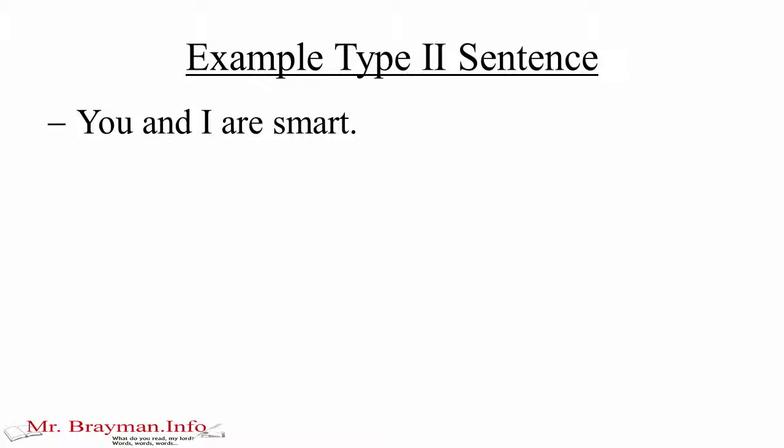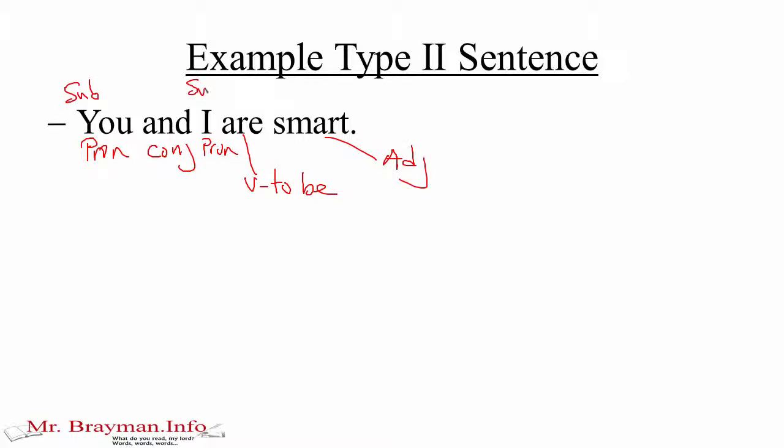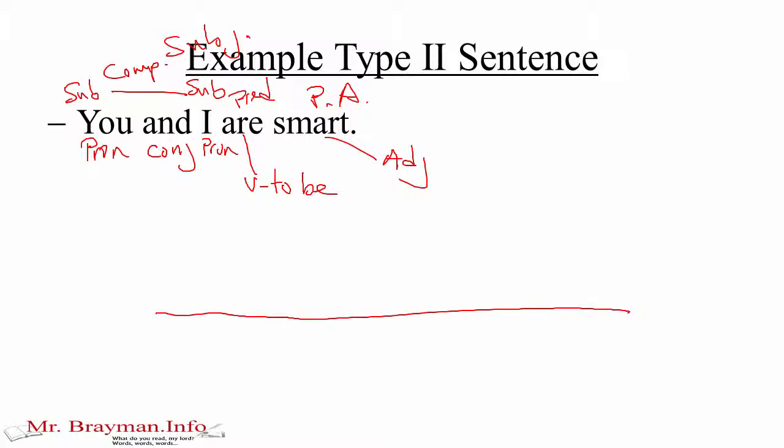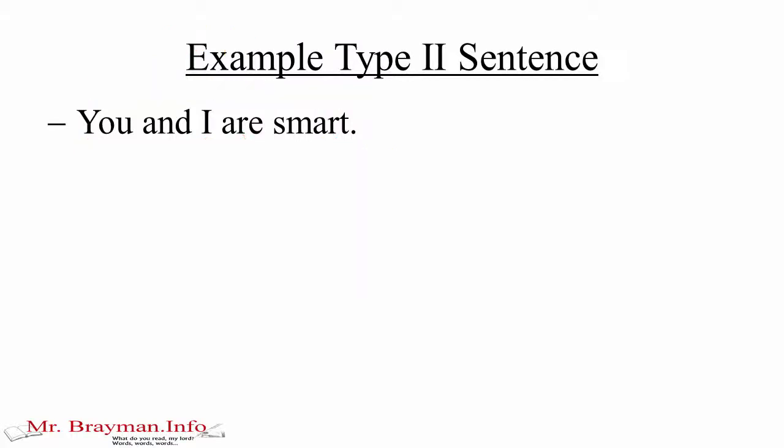We have a combo subject here. Very good. So we'll see what to do about that here in a second. So we have a subject, we have another subject here, so we have a compound subject, and then we have the predicate, and then the predicate adjective. Right, so when we do these, it's actually a little bit goofy. Oops, let me redraw this.